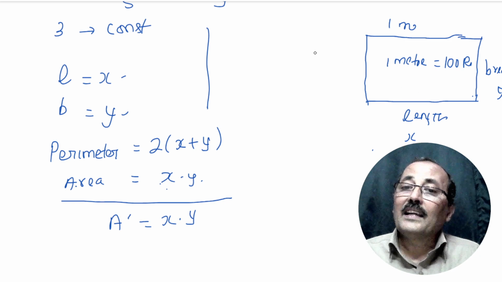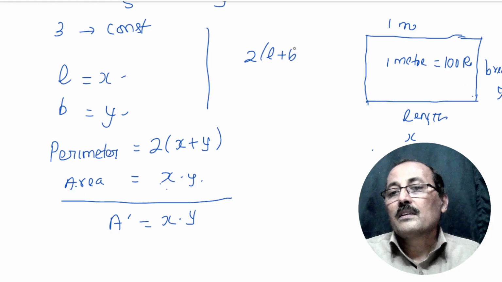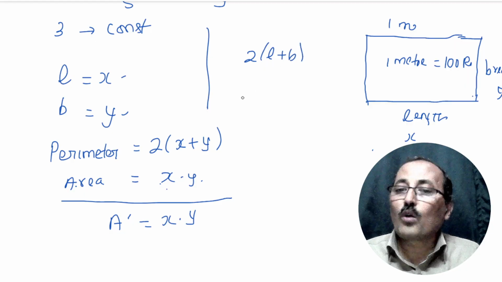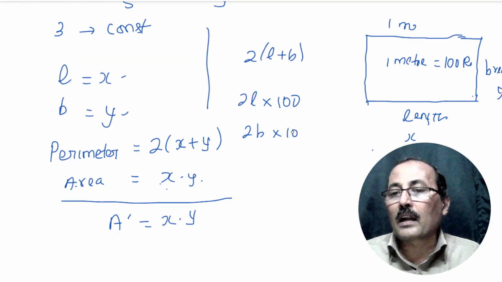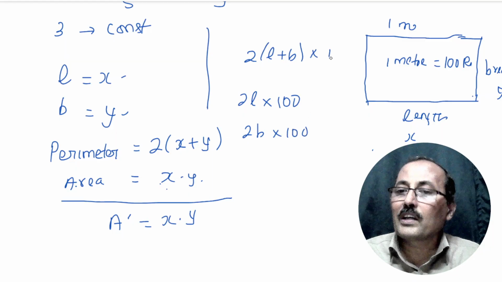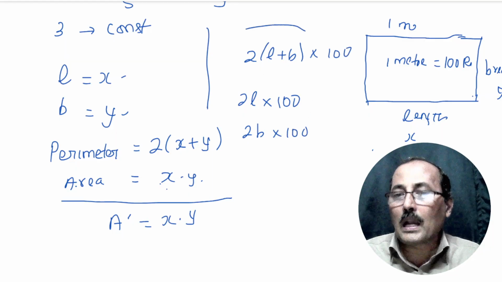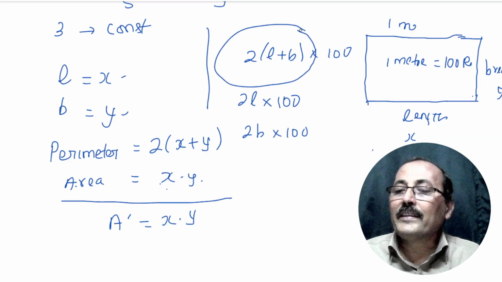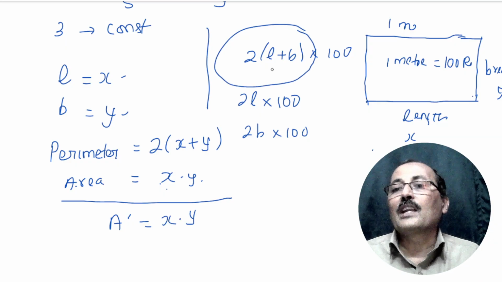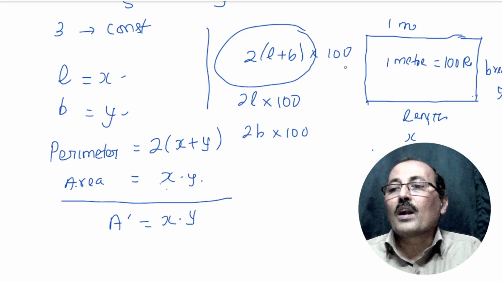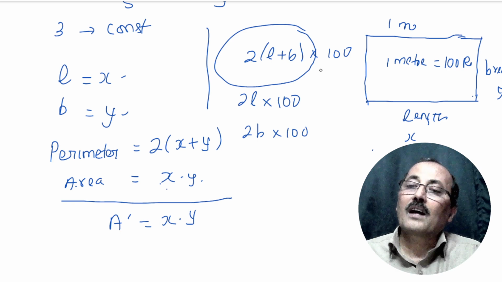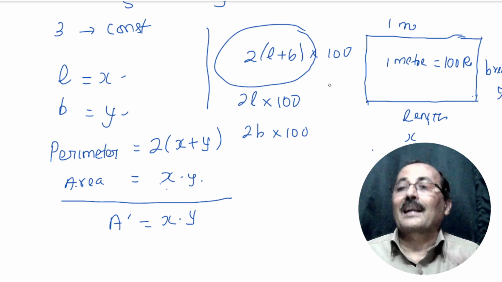We can calculate like this: 2 into (L plus B), or for length alone 2L into 100 rupees, and 2 breadth into 100, or on the whole you can multiply the value by 100. With the perimeter 50 meters into 100, you get 5,000 rupees. That is the cost of fencing this rectangular land.